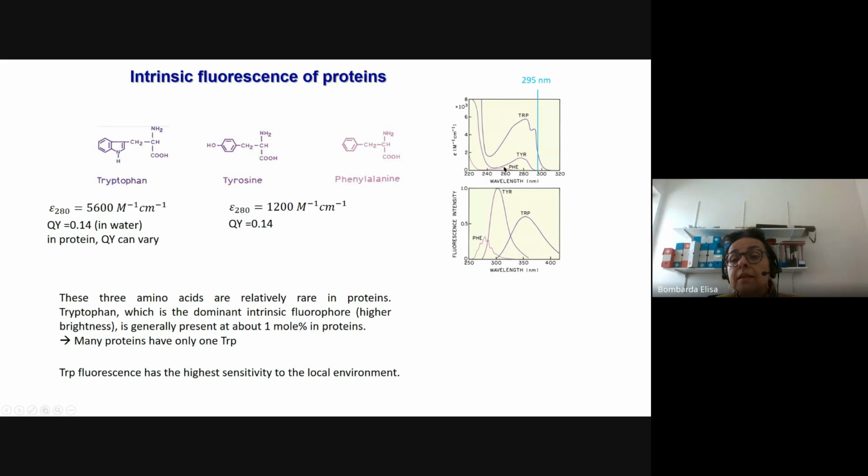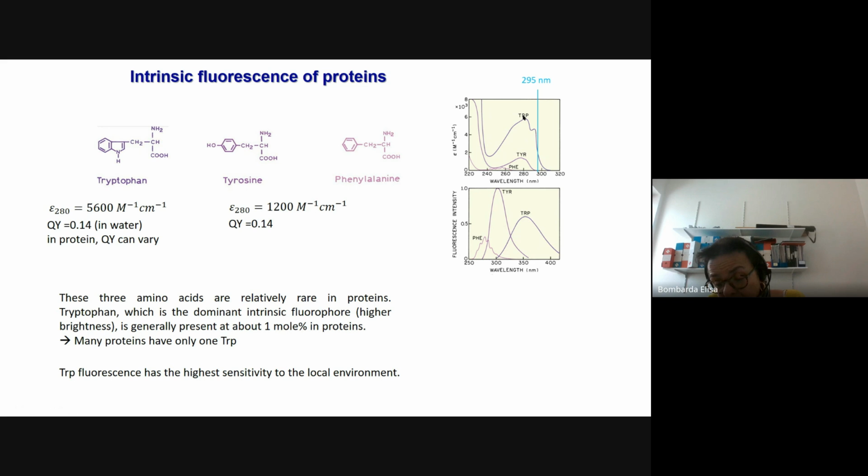So you see 260 and 300. It's this part of the absorption spectra of tryptophan. So what could happen according to what we know? There can be resonance energy transfer between tyrosine and tryptophan.